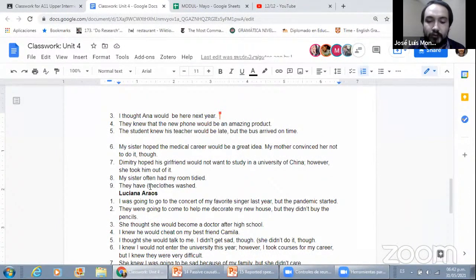It can be the clothes, it can be their clothes, or it can be some clothes. Even though that's indefinite, it gives a little bit more specificity to that word, and it's a little bit more natural. So they have the clothes, their clothes, some clothes washed. That would be great.